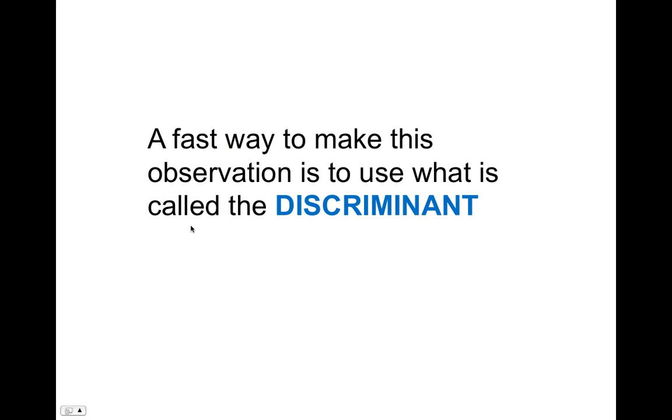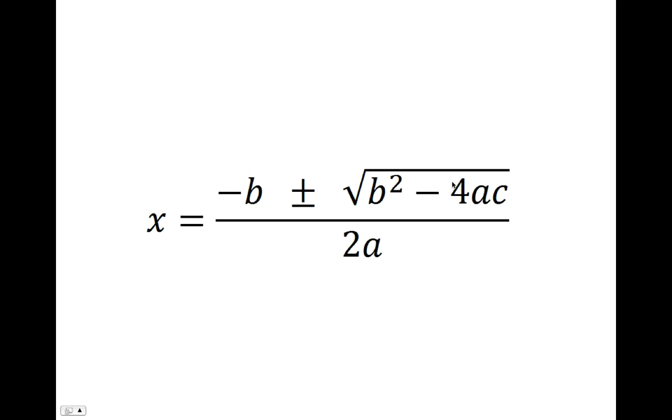Now, a fast way to decide what your answer is going to look like is to use something that we call the discriminant. It's a part of the formula which helps us discriminate what the answer is going to look like. So when you look at this quadratic formula, it's right under here. This phrase, b squared minus 4ac, is the one that's going to indicate if it has a real root or not.